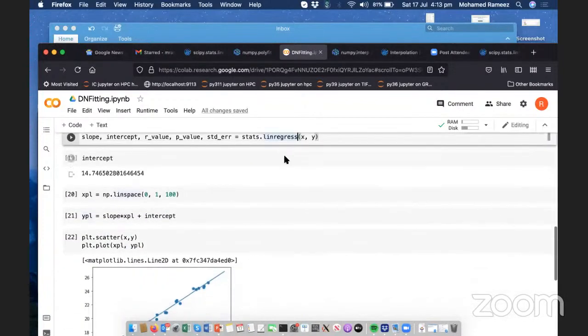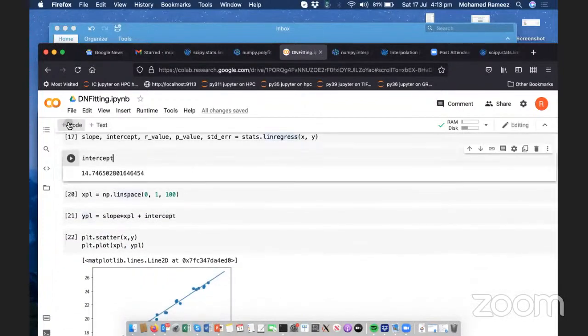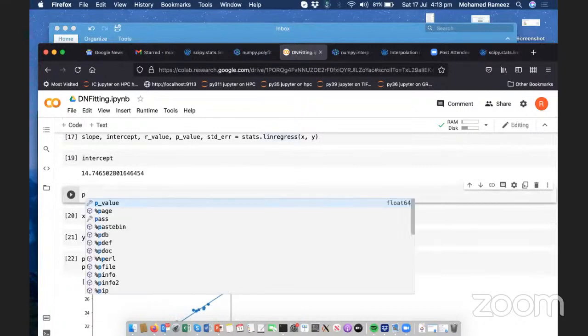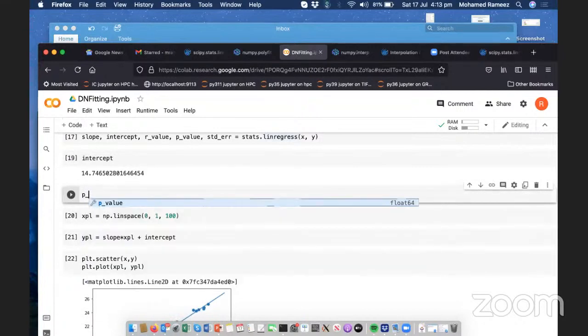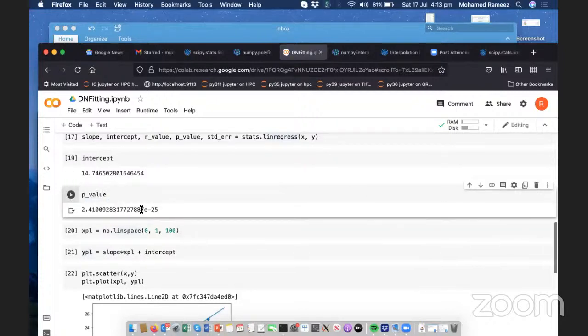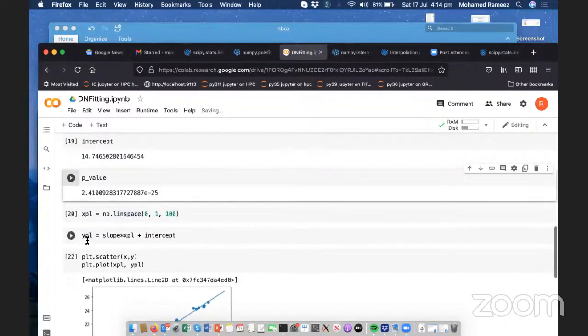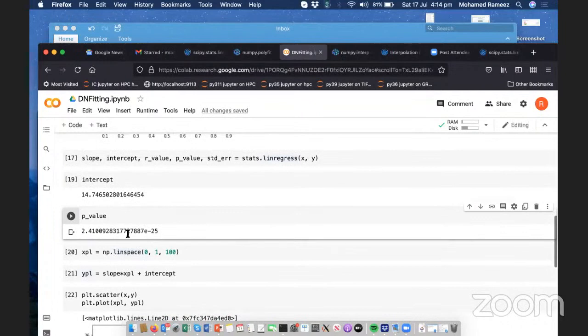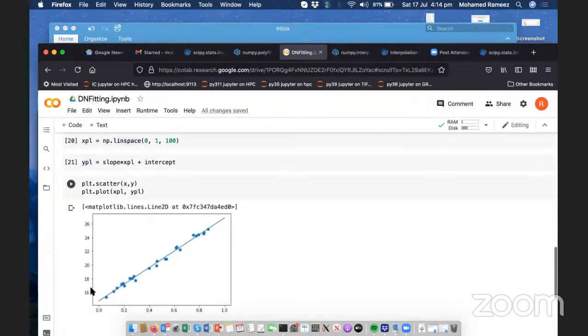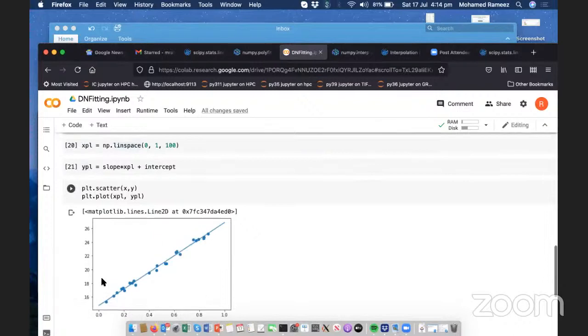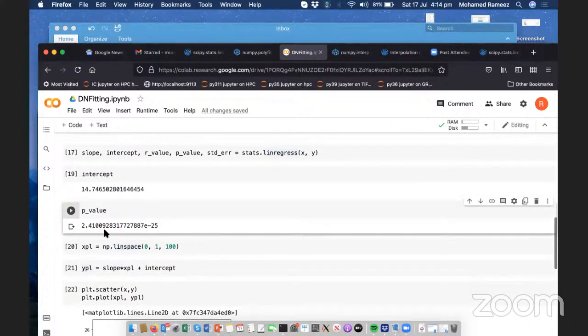If you examine the p-value here, it will be very, very small. It will probably be 1 in a billion or something. Let us examine that. See, it's actually much smaller than 1 in a billion, and that's because this fit is so good that you can reject the hypothesis that the slope is 0 with a very large confidence. In fact, if the slope was 0, you would get points that are this correlated only 1 part in 10 to the power 25, which is a very small number.